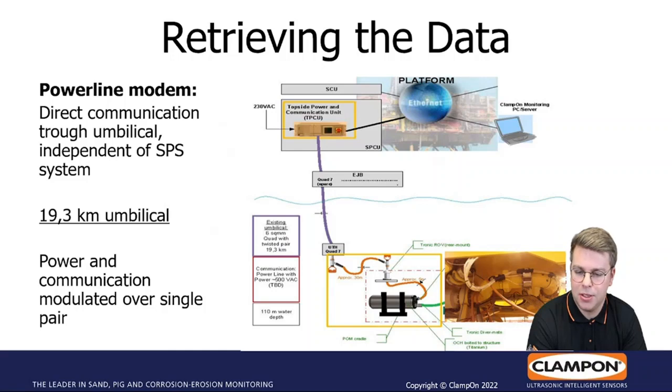That signal was then piggybacked through this power line modem, which gave direct communication through umbilical, independent of the SPS system. This case was 19.3 kilometers of umbilical, and also it was powered, and communication was modulated over this single pair.